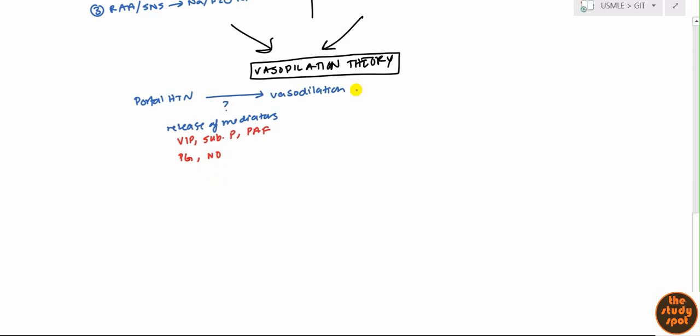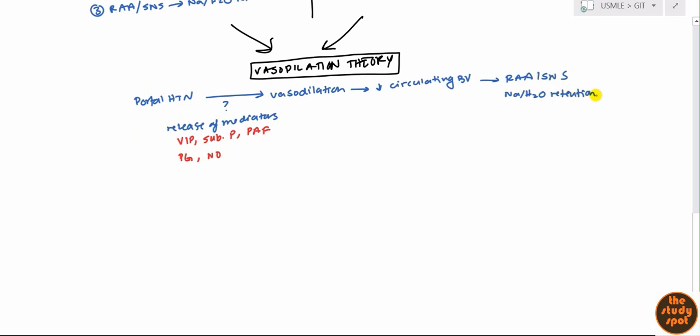So the idea is that somehow portal hypertension is causing vasodilation. What happens when you have vasodilation? Again, you get decreased circulatory blood volume, and then activation of the renin angiotensin aldosterone system, the sympathetic nervous system, and sodium and water retention. This is a nice theory because it starts off like an underfilling theory and ends like an overflow theory, so it combines all of them.